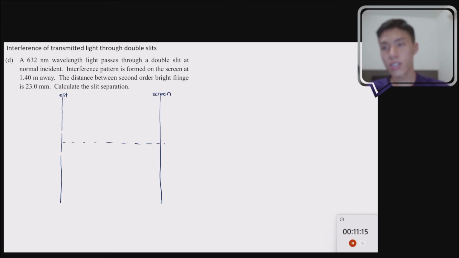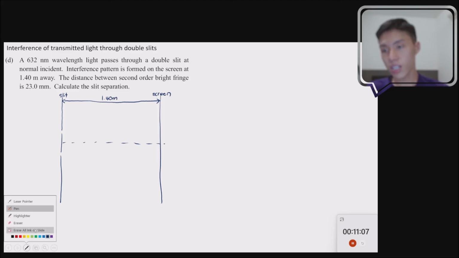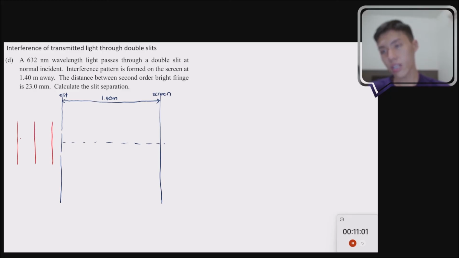The distance between the slit and the screen is 1.40 meter, and we are shining light of 632 nanometer. This light is at normal incidence, meaning it arrives at 90 degrees, and the wavelength is 632 nanometer.